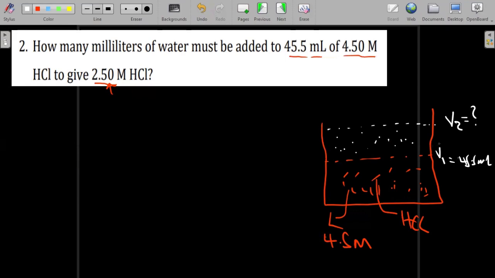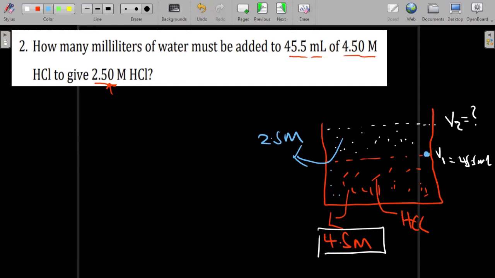Okay, we do not know it. And then our M1 will just be this 4.5 molar before the dilution. And then when they combine this hydrochloric acid with this water in white here, they are saying the final concentration is 2.5 molar. So we need to find how much water was added.